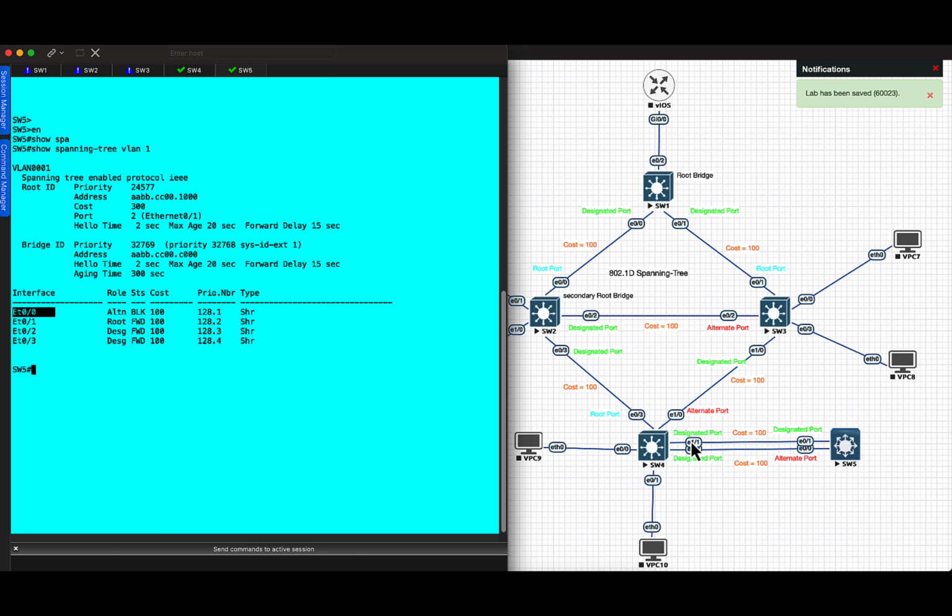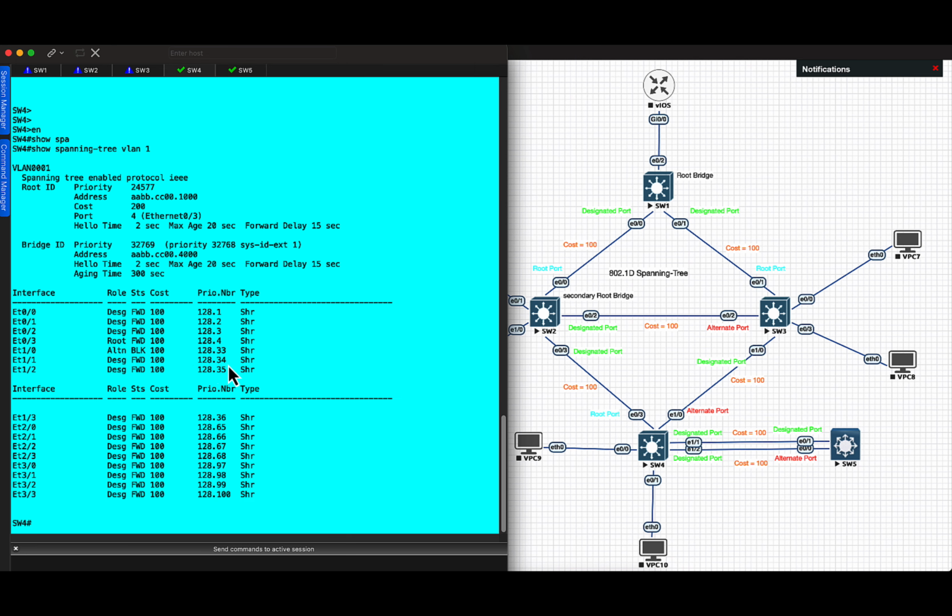The reason is because it sees that the neighbor switch's interface, E1/1, has the lower interface priority than this one, E1/2.